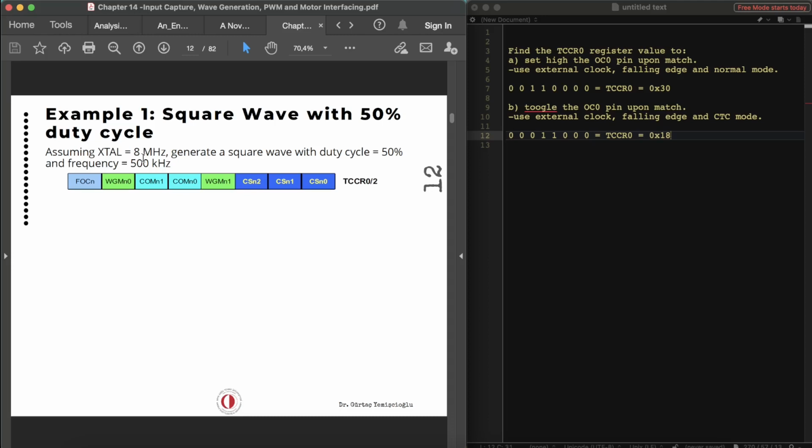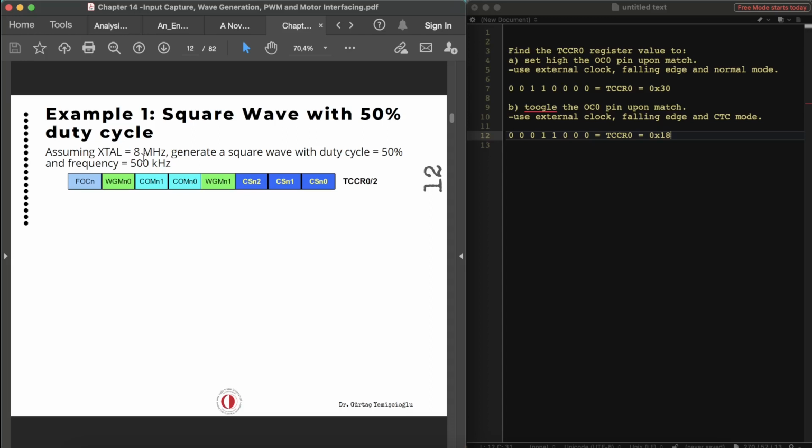So we can say if n is equal to 1, then 1 times something plus 1 will give us 8. So OCR0 plus 1 should equal 8. In this case, 1 times 7 plus 1 is actually going to give us 8. So when n is equal to 1, then OCR0 is going to be 7.